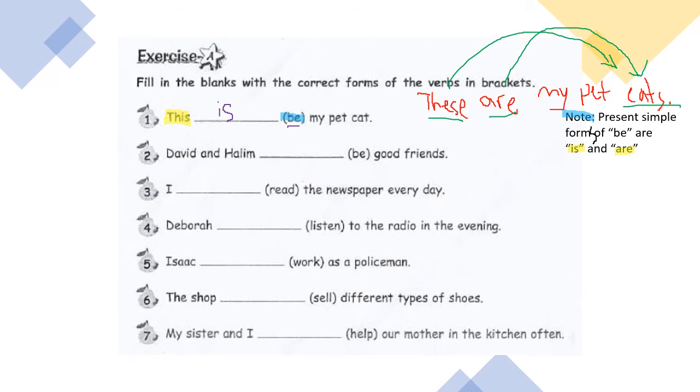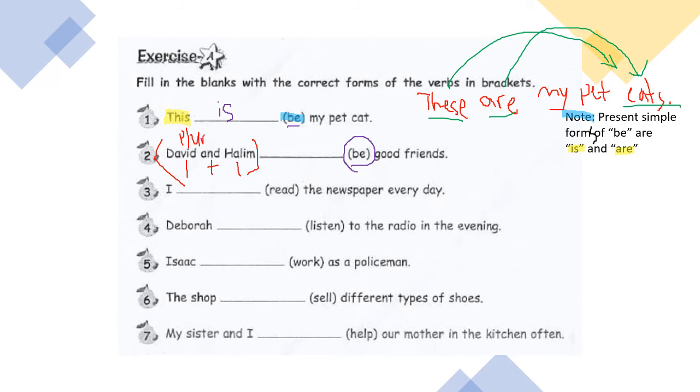Alright, so let's check number 2. If you don't understand, you can message in the group or you can private message me if you are shy. Then I will explain in detail to you. Now next one is also "be." David and Halim. Is this 1 plus 1 equals 2? So you call this what?